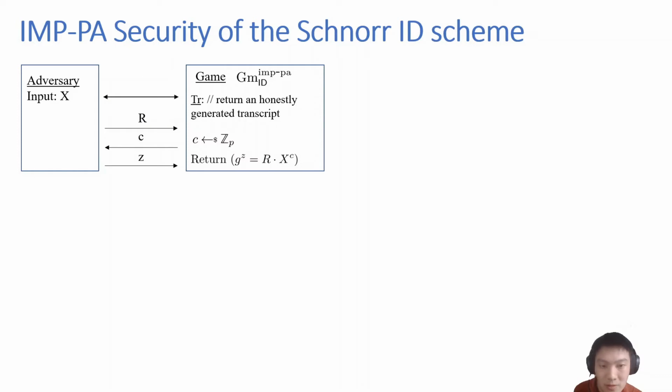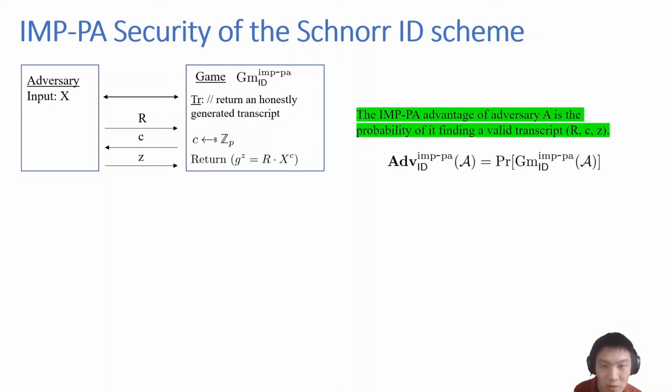In addition, the adversary can at any point obtain valid transcripts via the oracle TR. When considering IMP-PA security of the Schnorr ID scheme, we can largely ignore the presence of the TR oracle because of the honest-verifier zero knowledge property of the protocol.